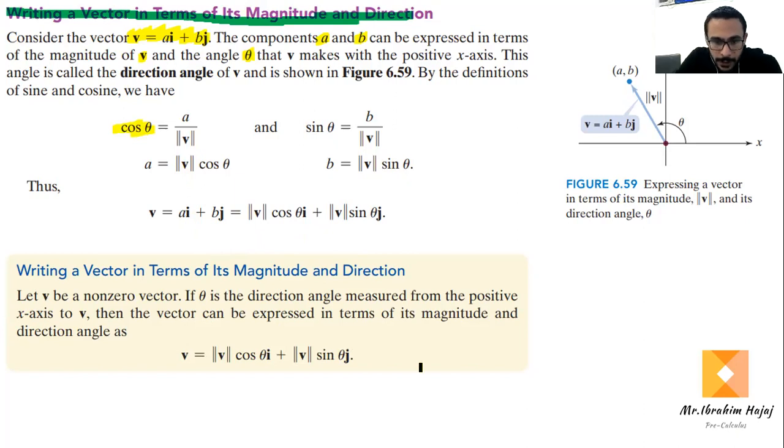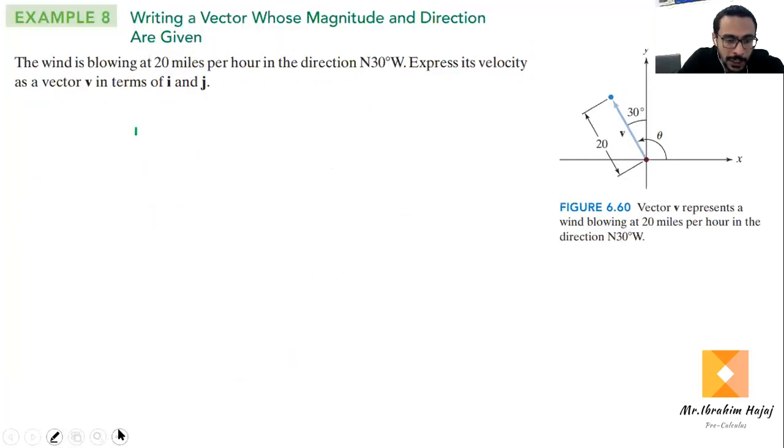Here's the rule to write any vector using its magnitude and direction theta. Let v be a non-zero vector. Theta is the direction angle measured from the positive x-axis, as you see in this figure. Then the vector can be expressed in terms of its magnitude and direction as v equals magnitude v cosine theta i plus magnitude v sine theta j.